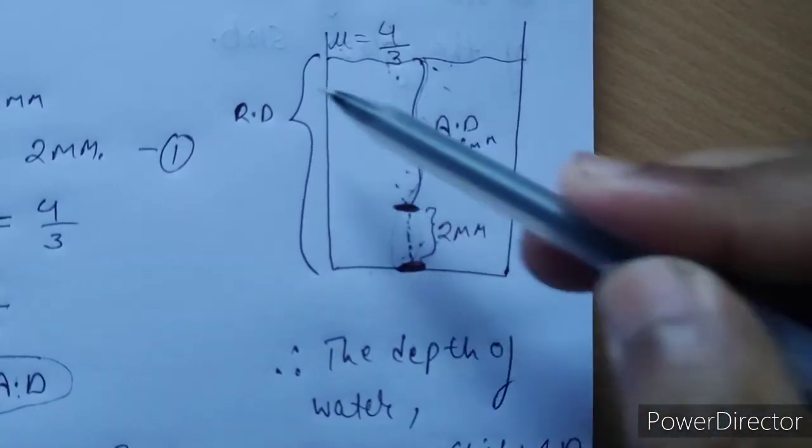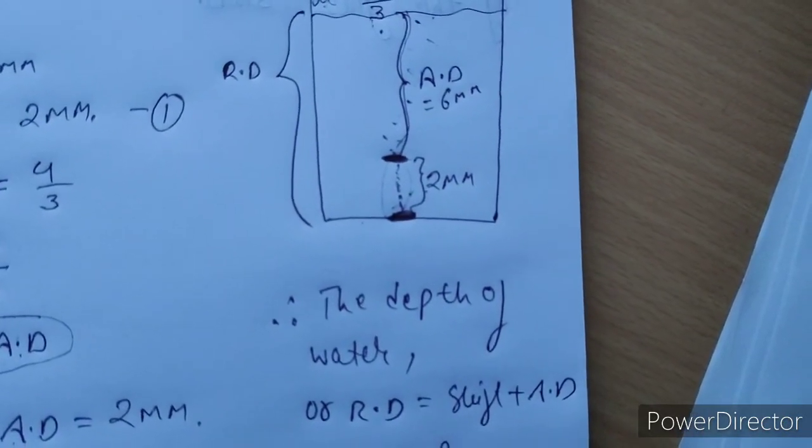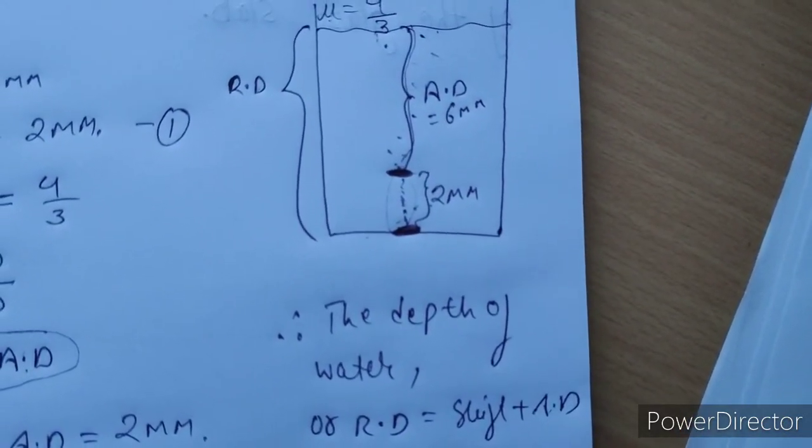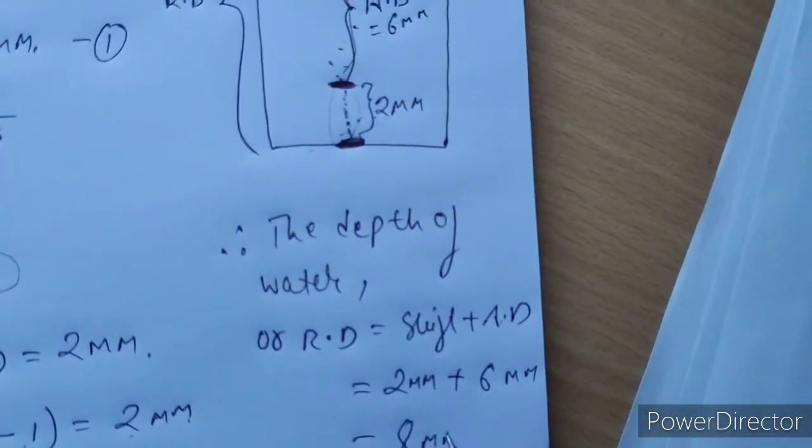If we add these two, we will get real depth. Shift I got 2 millimeter plus apparent depth I got 6 millimeter equals 8 millimeter.